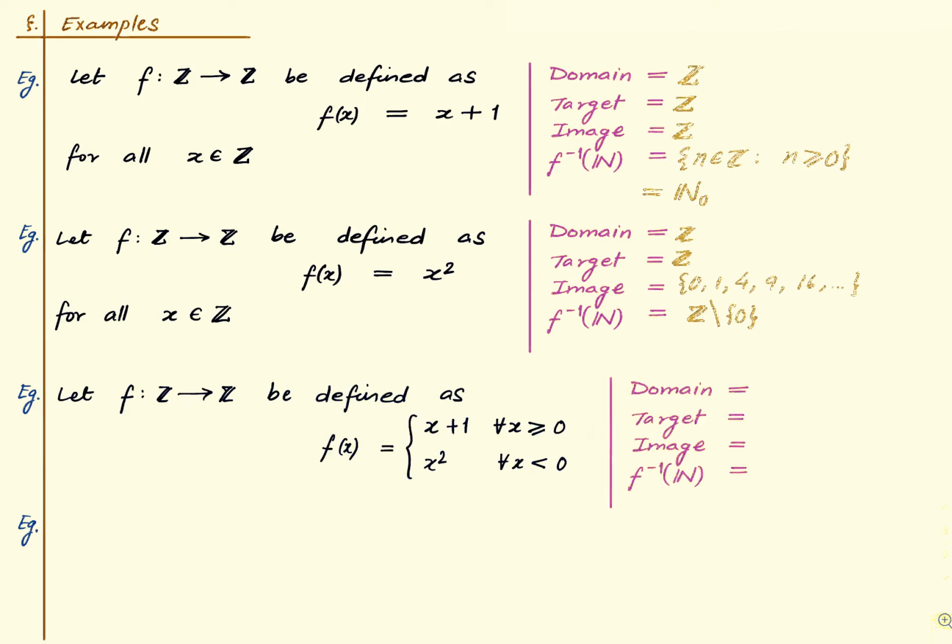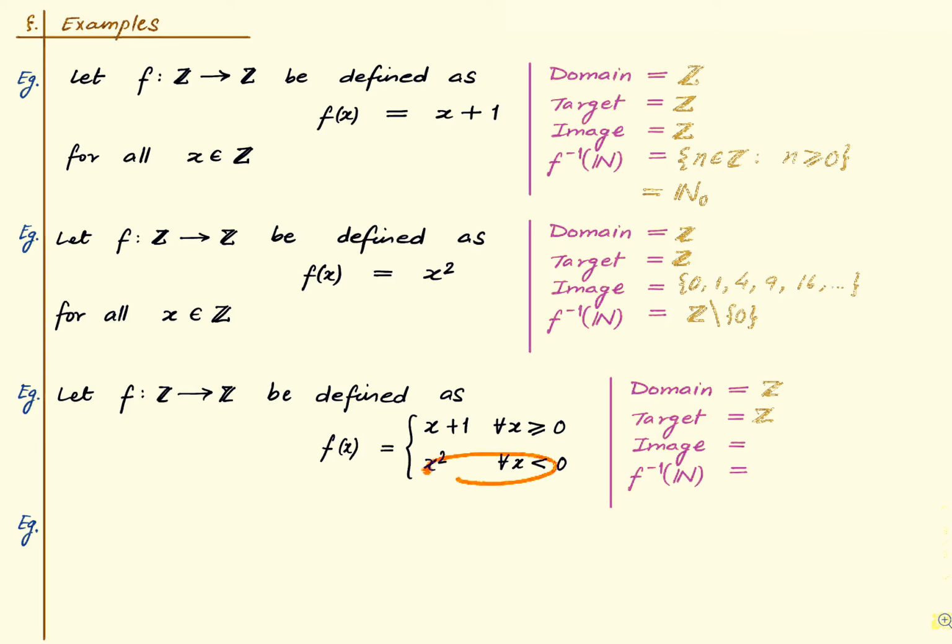Another one. So again, the domain and the target are Z and Z. What is the image? Yeah, I don't want to do this, but let's see. You get all the perfect squares. So this much is definitely there in the image. Forget about the 0. All the positive perfect squares are there, because if you feed a negative integer and take the square, that is as good as taking the squares of all the positive integers.